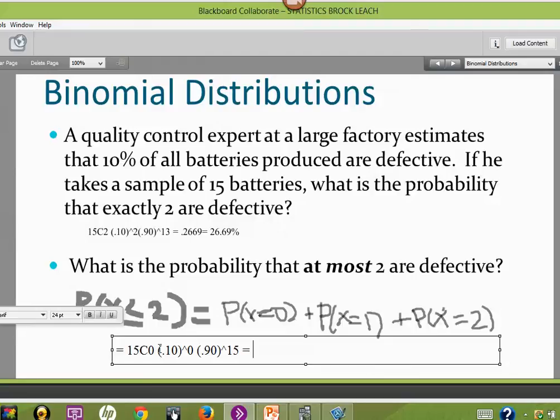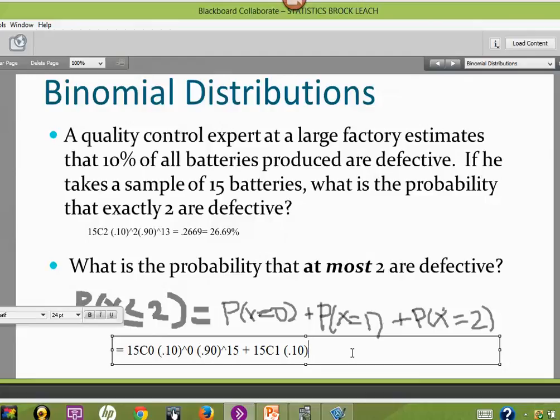We have 0 defective batteries and 15 good batteries. To this, we're also going to add the probability that x is equal to 1. In other words, we have 15 combinations with one success, and as you're doing this, I would recommend that you figure each one of these out individually, and write it underneath. That way you can keep track of these.